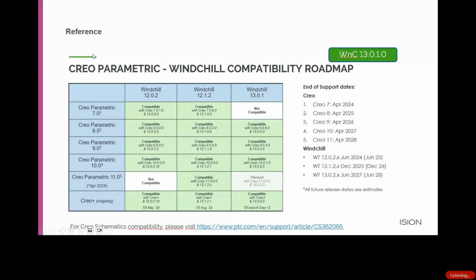This is just a Windchill compatibility roadmap. So for Creo 11, you're going to need to be on 12.1.2 for Windchill compatibility. Obviously in 13, it's going to be planned and going on forward from there, right? Again, I found that off the PTC website if you look for Creo Parametric compatibility roadmap.